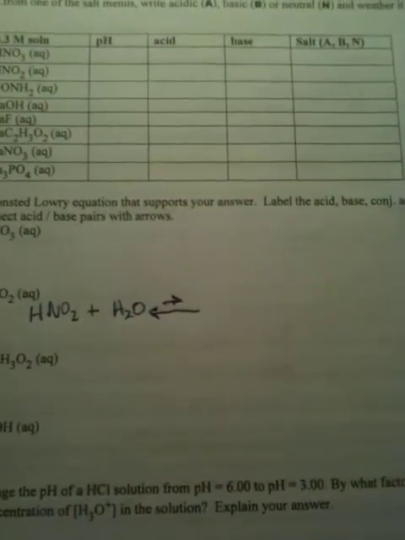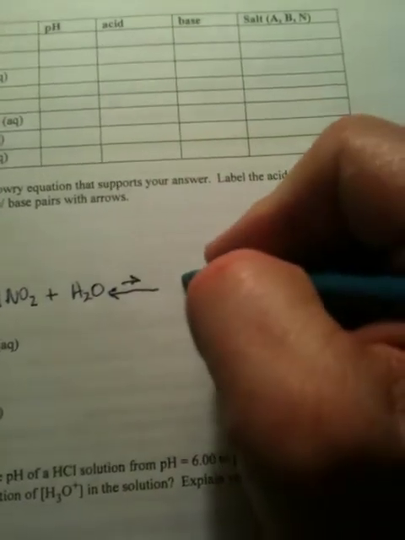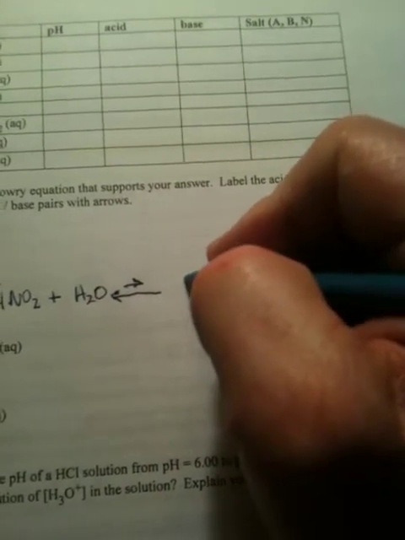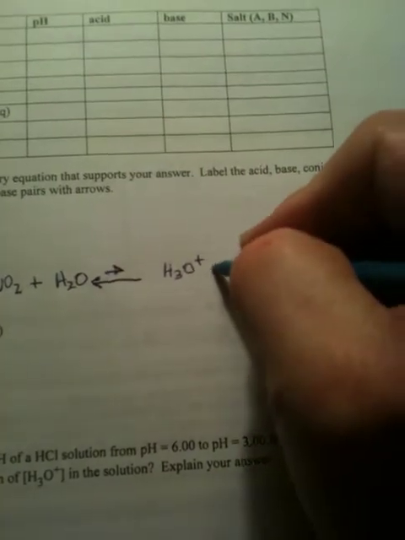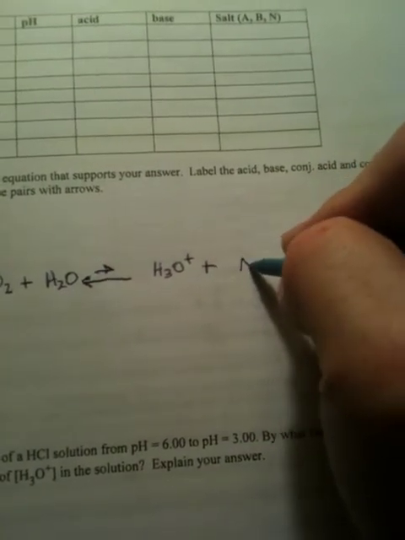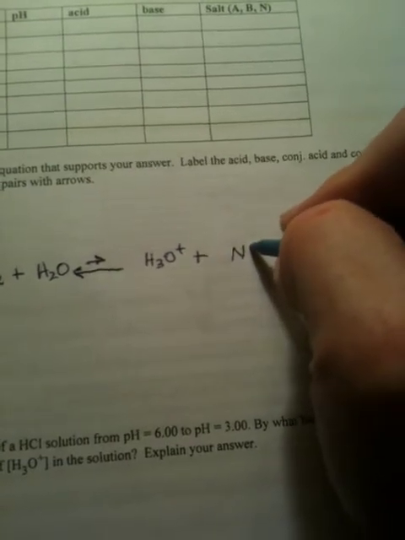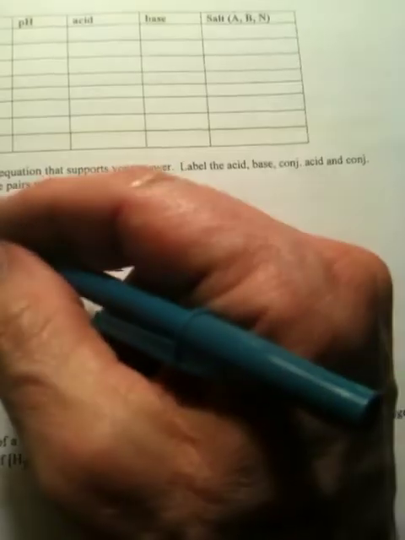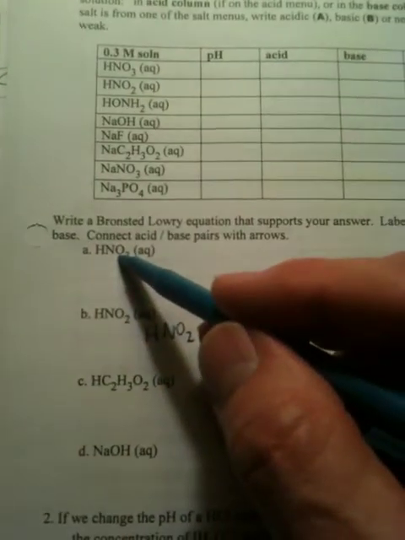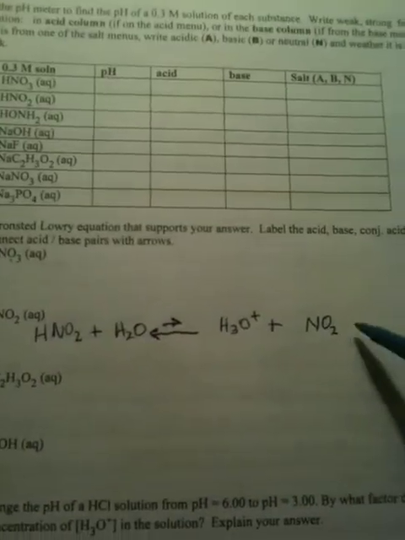Why? Because it's a weak acid. Then on the other side, we have H3O plus, the hydronium ion, and the nitrite, NO2 minus. NO3 is the nitrate, that was up here. So now we have our complete equation.